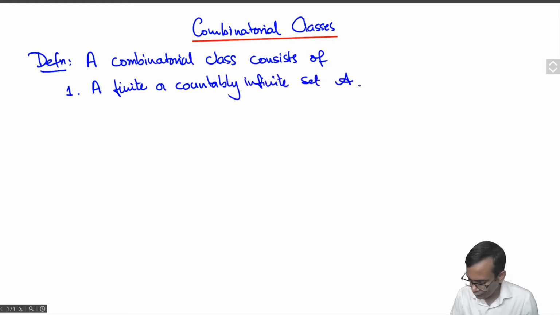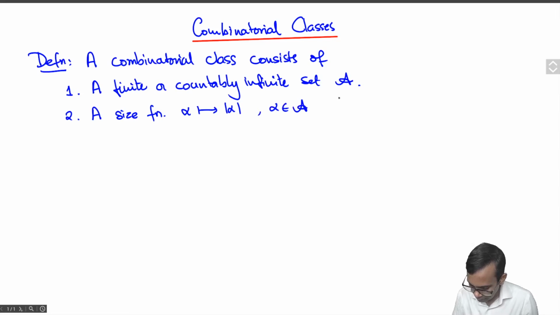Let's say script A. And the second thing is that this set A comes equipped with a size function. And we'll denote the size function by alpha goes to mod alpha for each alpha in A. And this size function is a function from A to non-negative integers.